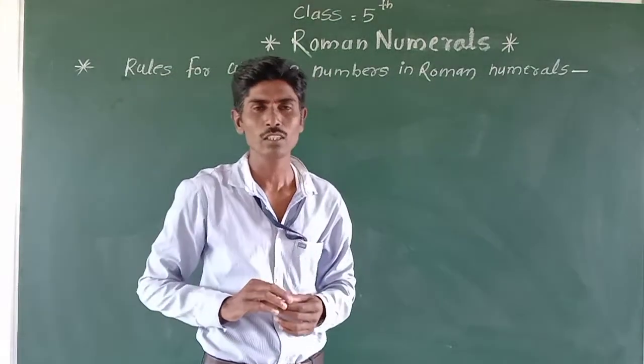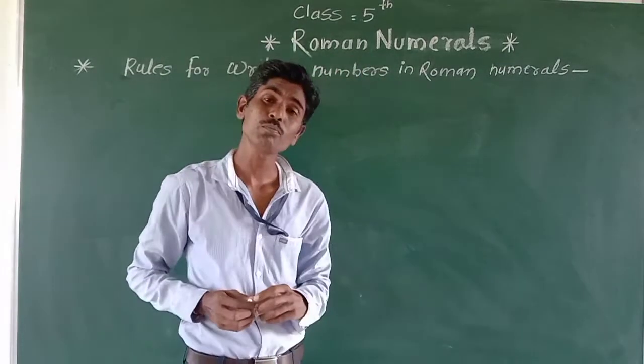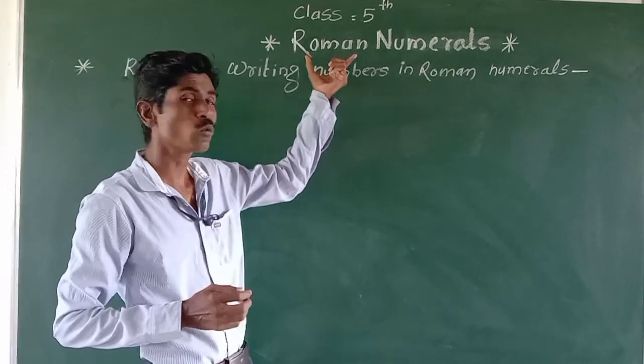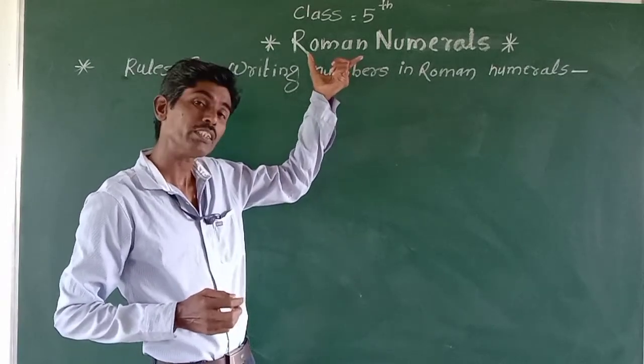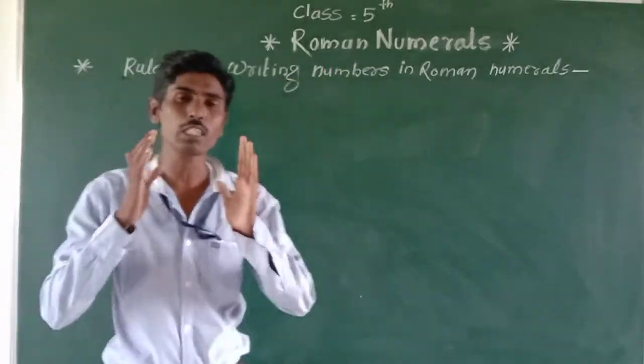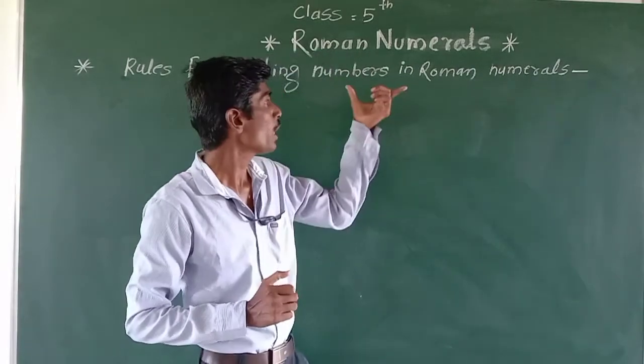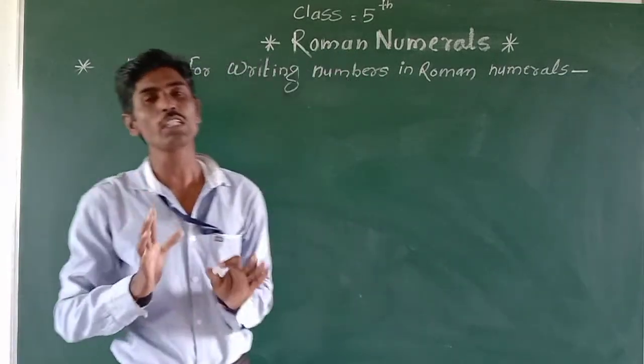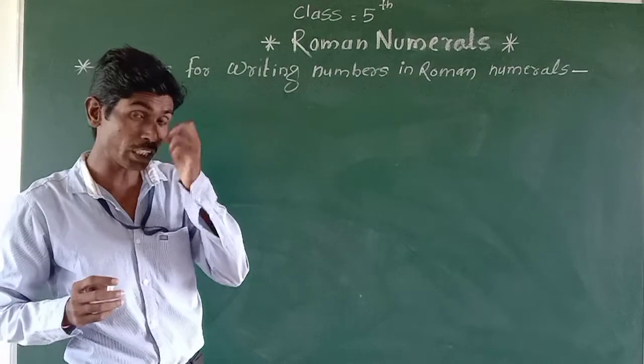Do you know how this word comes? These words come from ancient Rome. In ancient Rome, there were some symbols for writing numbers. There were only seven symbols. Which are these?